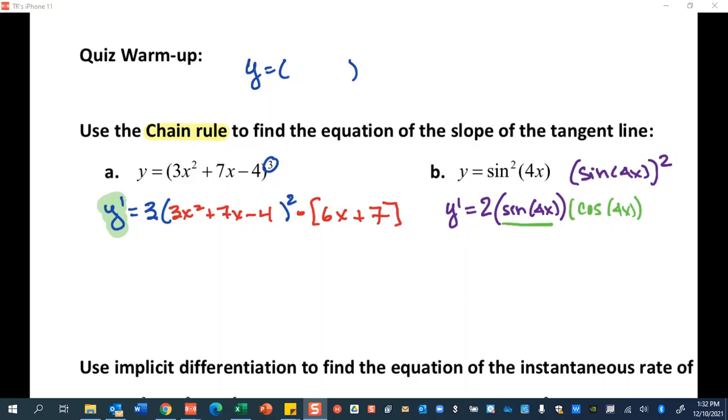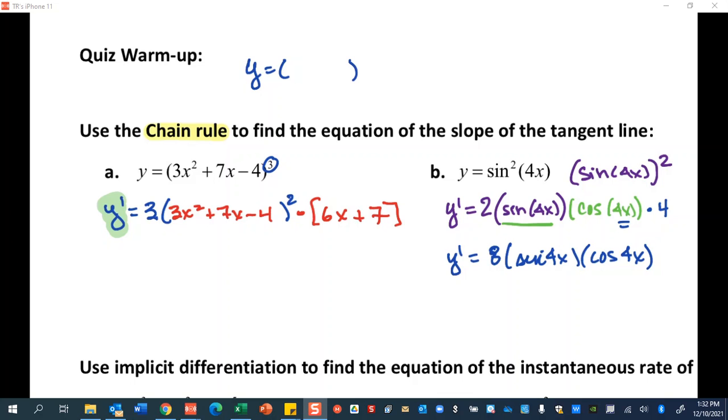By the way, I have to now take the derivative of what's inside. So that's going to be times 4. So for this one, I probably will, just to keep things neat, multiply my 4 times my 2 and have that be 8 times the sine of 4x times the cosine of 4 times an angle.